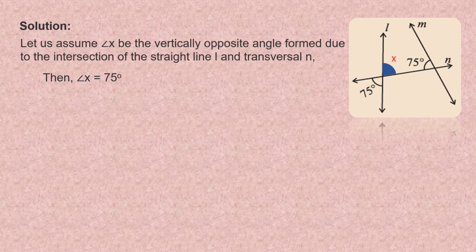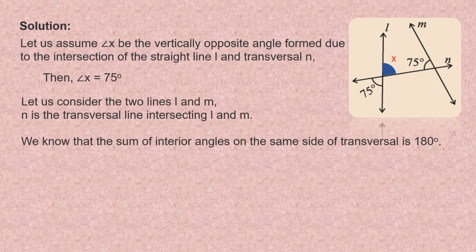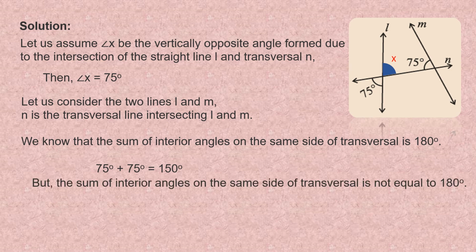Now also we know that angles on the same side of the transversal sum to 180 degrees. But here angle x equal to 75 degrees. When we add these two, we get 150 degrees. So they are not parallel.